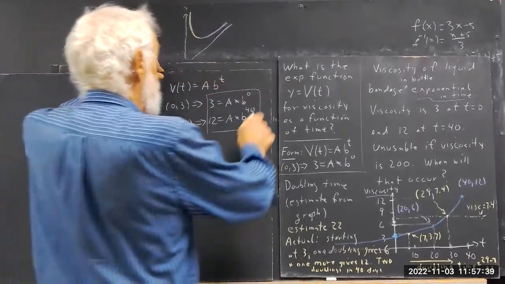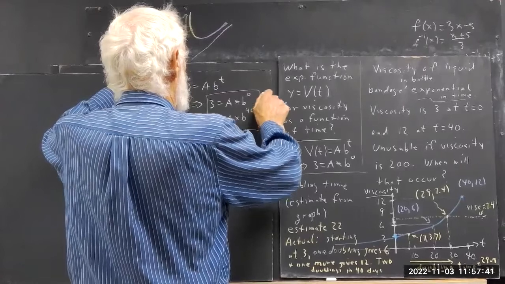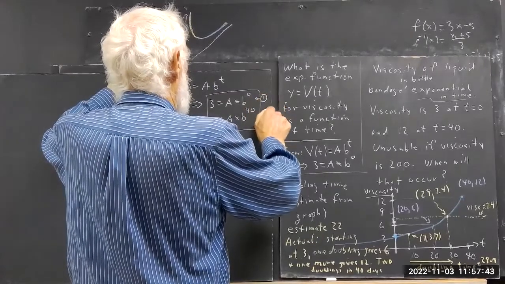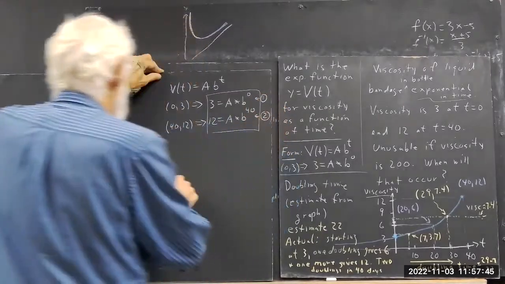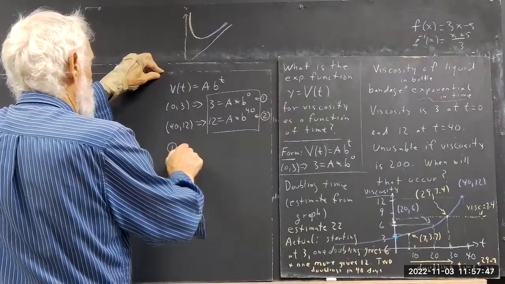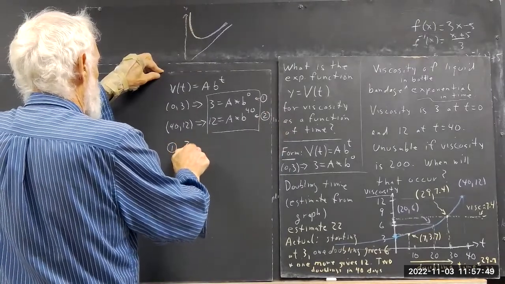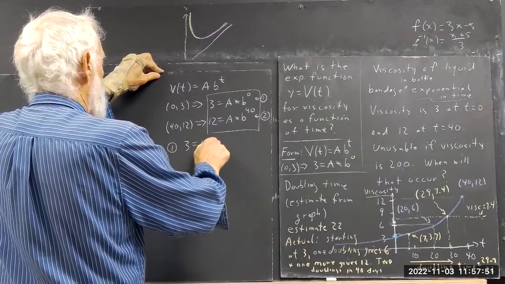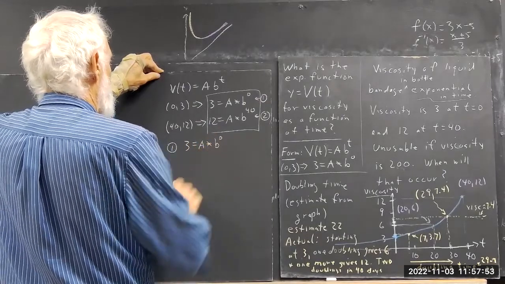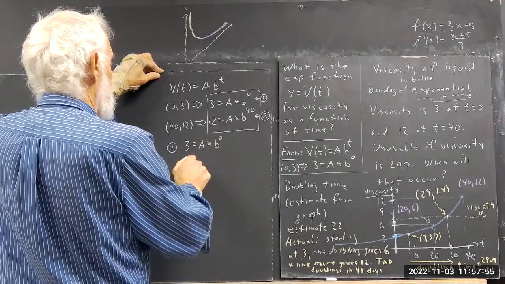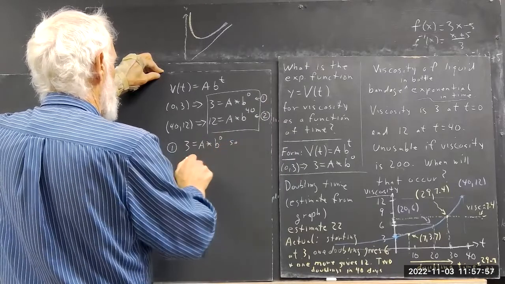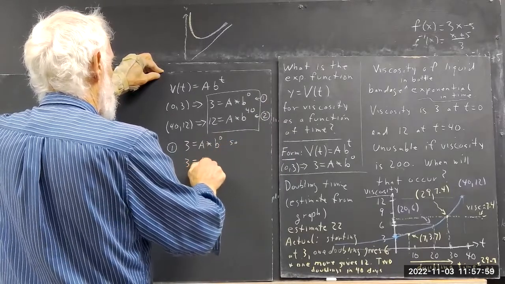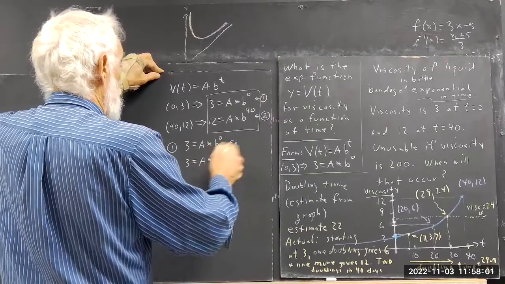Okay, so let's call this equation 1. Call this equation 2. Equation 1 is 3 equals A times B to the 0, so B to the 0 is 1.